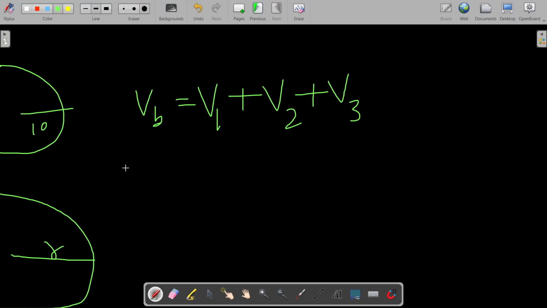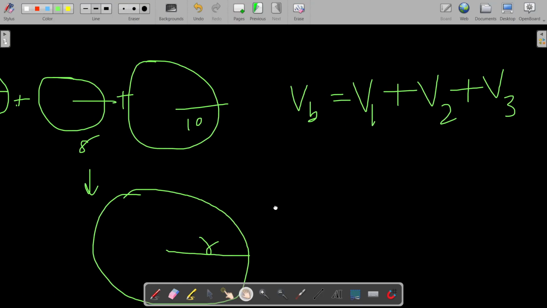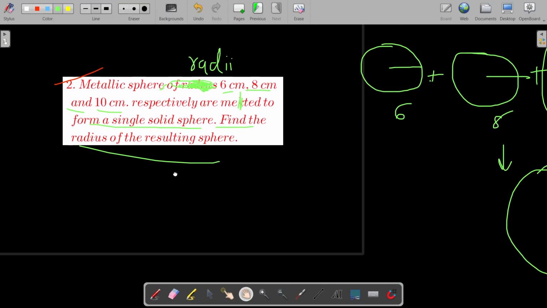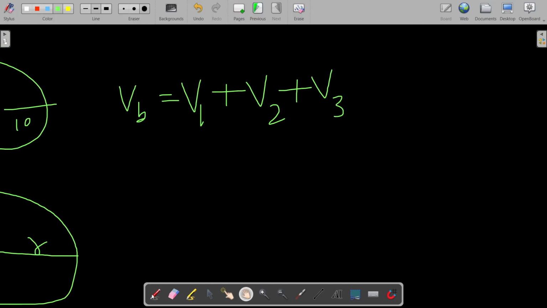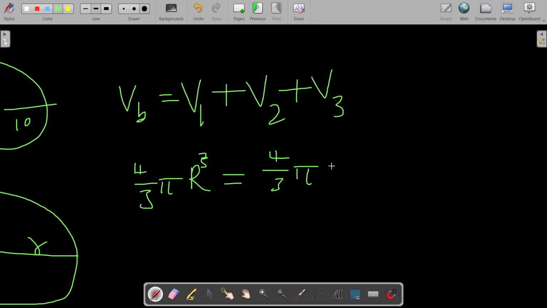The formula for the volume of a sphere is 4 by 3 pi r cube. So the volume of the big sphere is 4 over 3 pi capital R cube. Let's call it capital R. And this is 4 by 3 pi small r1 cube.